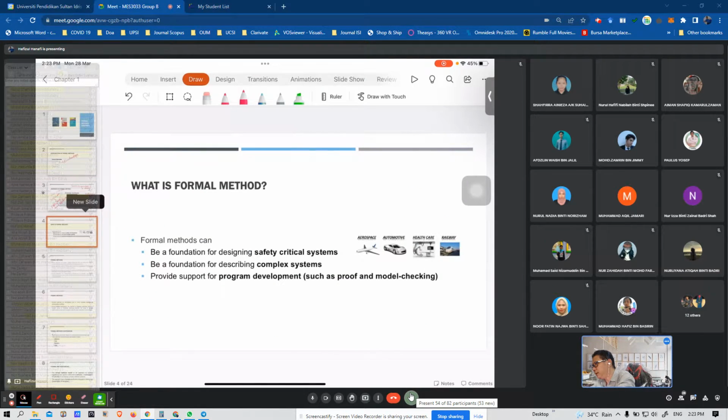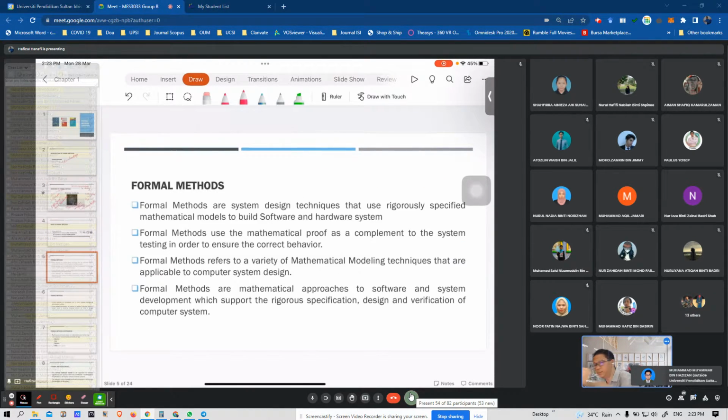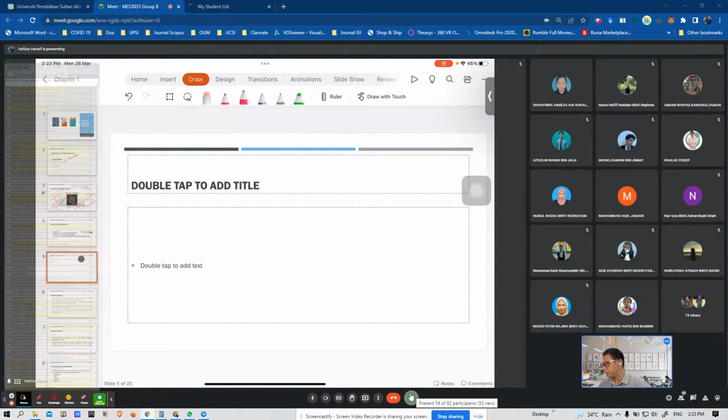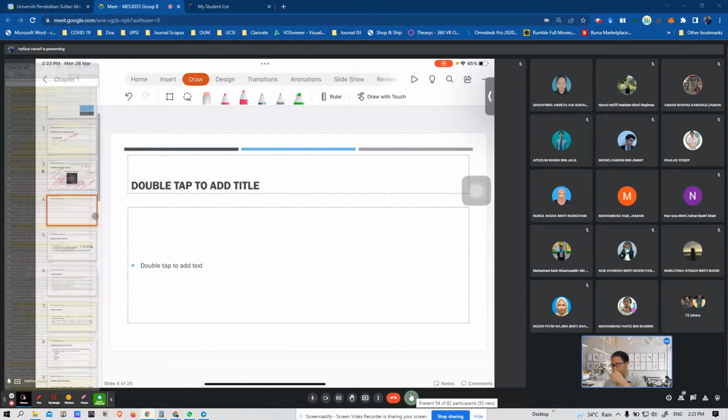Okay, we have several categories of formal methods and notations.